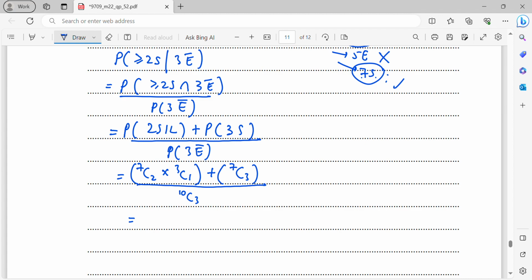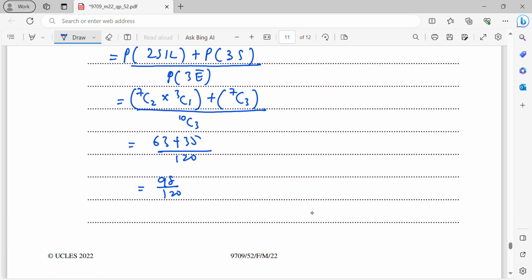Okay, so give me time to calculate this. This is 63 plus 7C3, 35 over 10C3, 120. So here you will get 63 plus 35 is going to be 98. So 98 over 120. It will be 49 over 60.